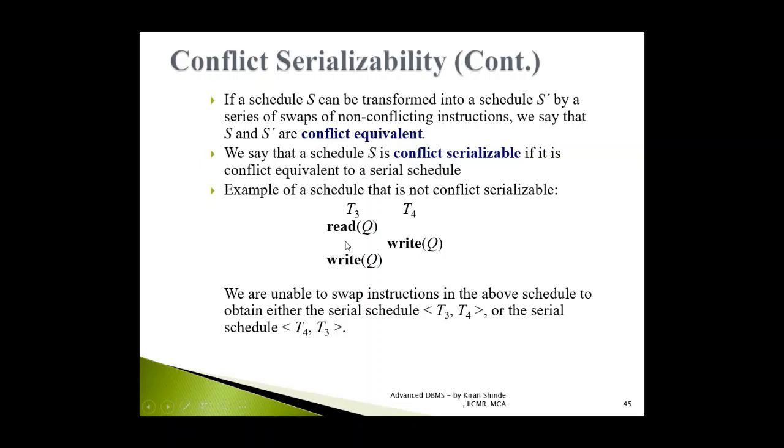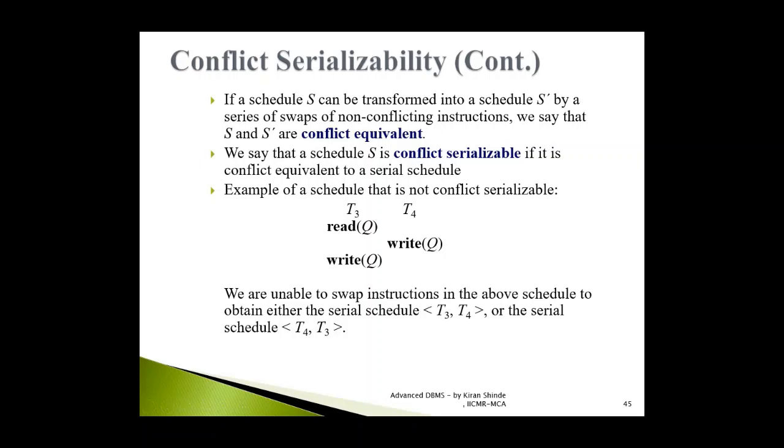Just before some time we saw that if one of the operations is a write, it is an RW problem. If you go ahead, write Q, write Q. Yes, these two instructions are also conflicting with each other because they are applying the write operation onto the same data item. So apart from these two instruction pairs, there is no other pair existing.